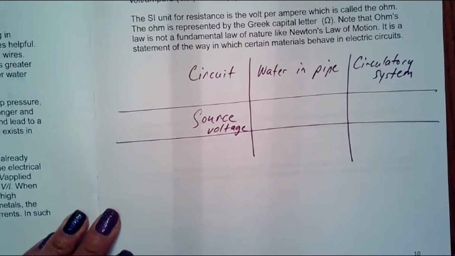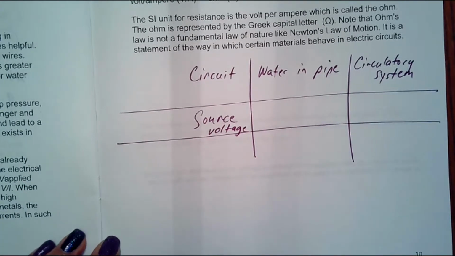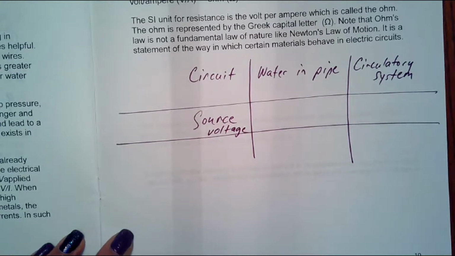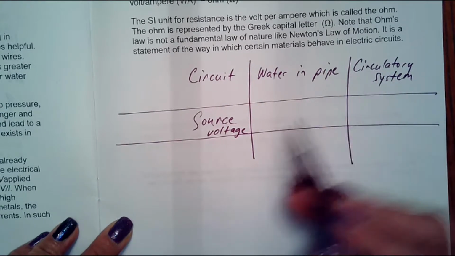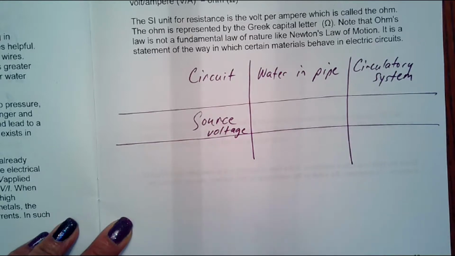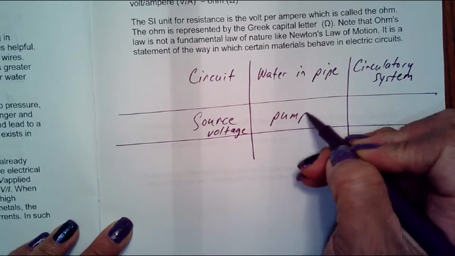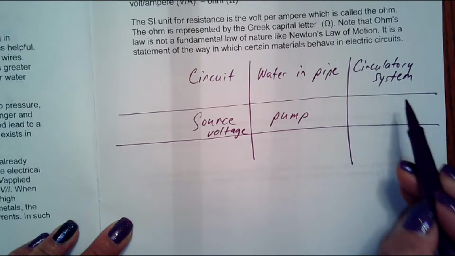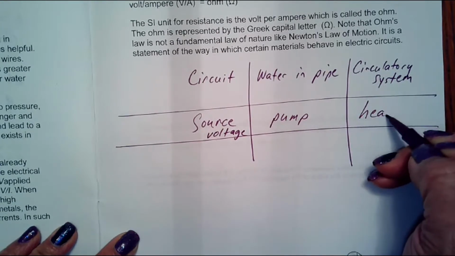How do you get the water from the well or from the basement all the way to the second floor or even higher? Well, you have to have a pump. So the source of the flow in a water pipe is a pump, a water pump. In a circulatory system, what pumps the blood is the heart.